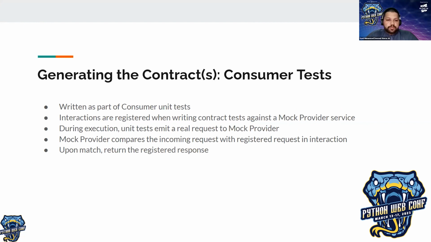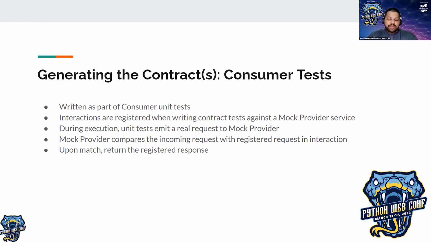The first part, generating the contract, is done as part of the consumer test. Normally when we test API-related code in our unit tests, we mock those clients or utility functions. We'll have some sort of client that makes a request and returns the response, and then some other utility or component that acts on that response. The consumer test part is essentially the same.